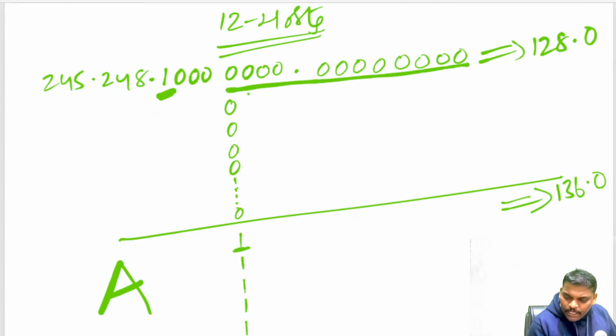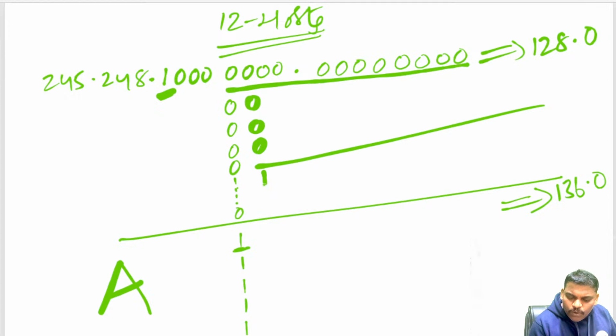Now see how B. See this one. Third bit is 0, half. Third bit is 1. So this 128 and here 0.